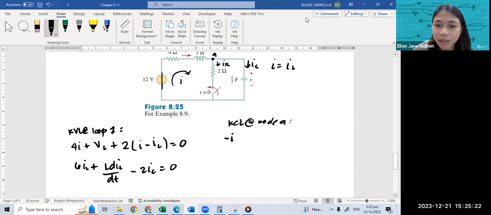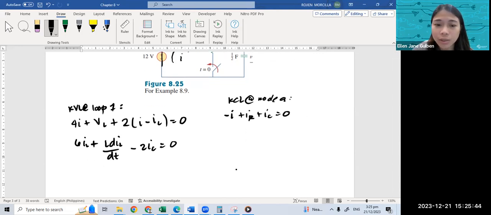So we have incoming I plus IR plus IC equal to 0. Okay, and we are going to convert this one, IR, into VC over R. So we get I plus VC over R plus IC.